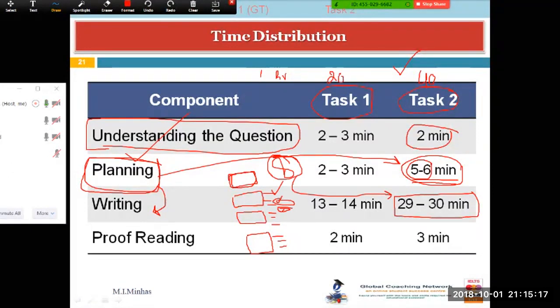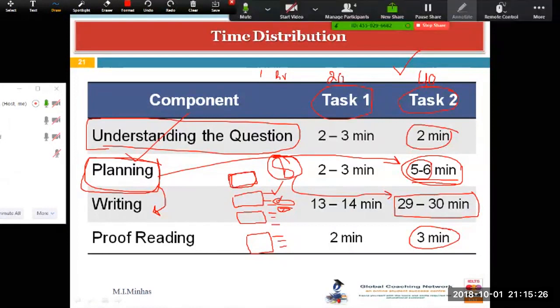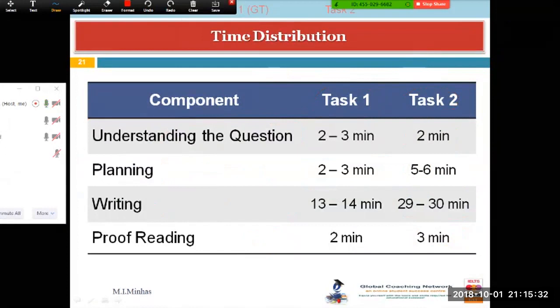Then do spend maybe 2 to 3 minutes on proofreading. This is very important. Why? Now I want to give you some examples again. Because of our texting habits, I've seen some students writing R-I-T-E for right.